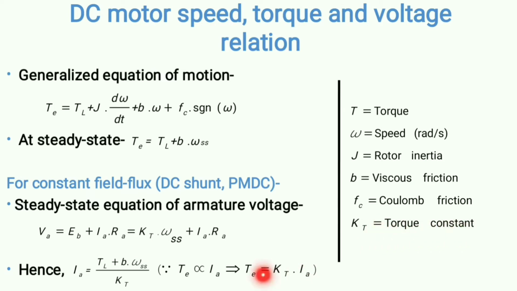If you replace Te by KT into IA and then do some manipulation, you will get IA to be (TL plus B omega SS) by KT. I hope you have got the idea how this term has come.